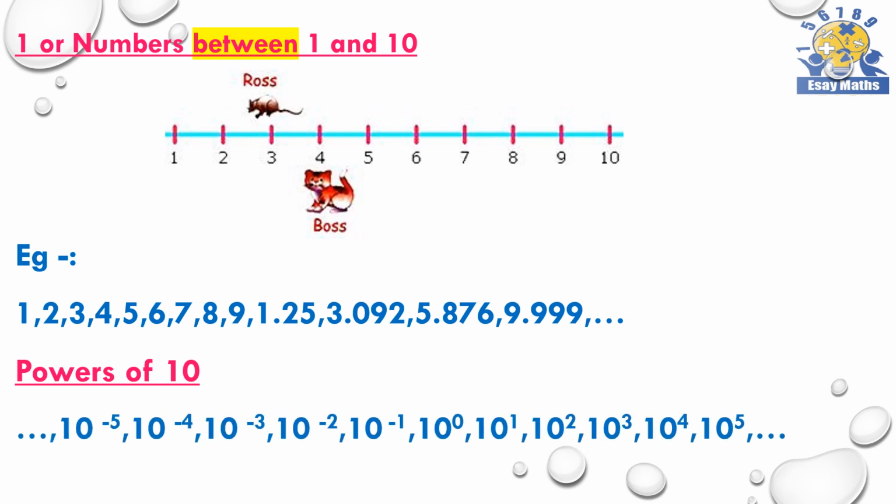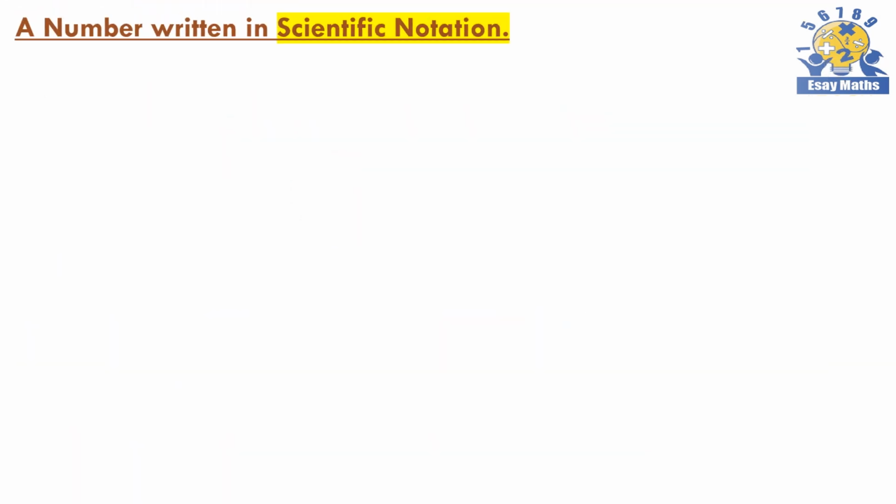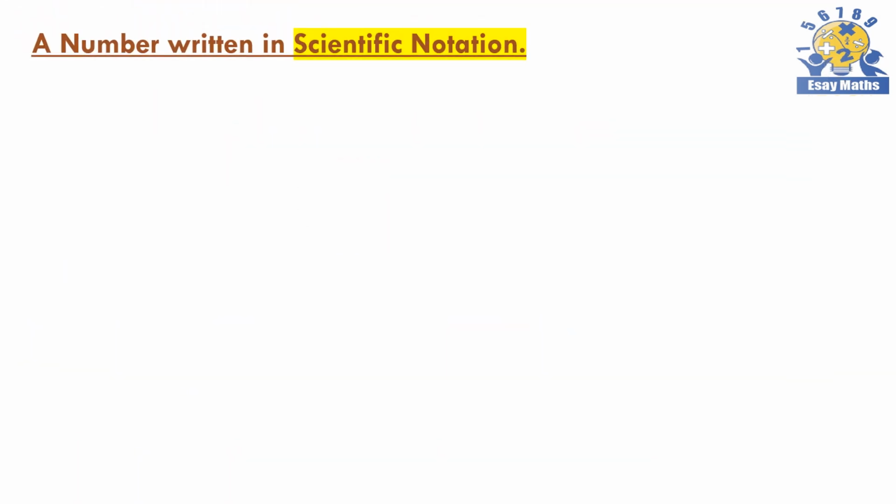Powers of 10. You know that there are powers with positive indices and powers with negative indices and powers with 0 index. Here you can see some examples for that. A number written in scientific notation.